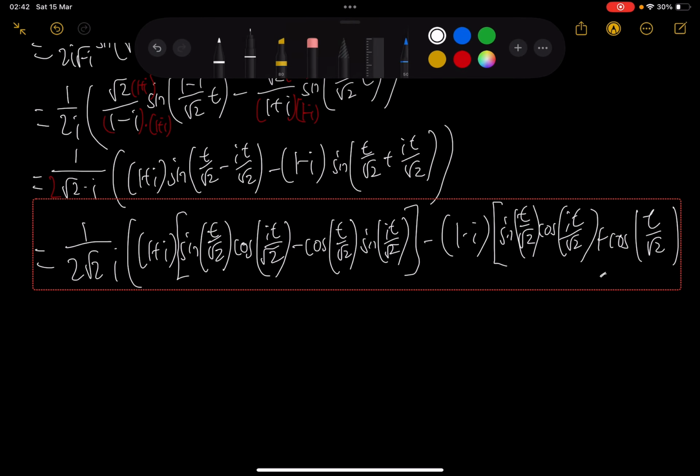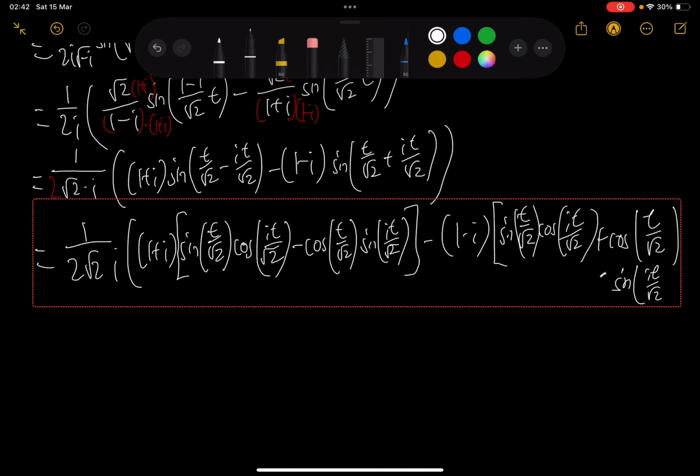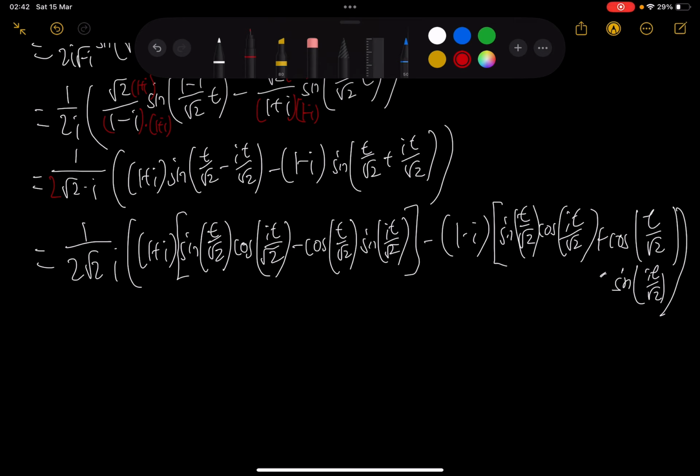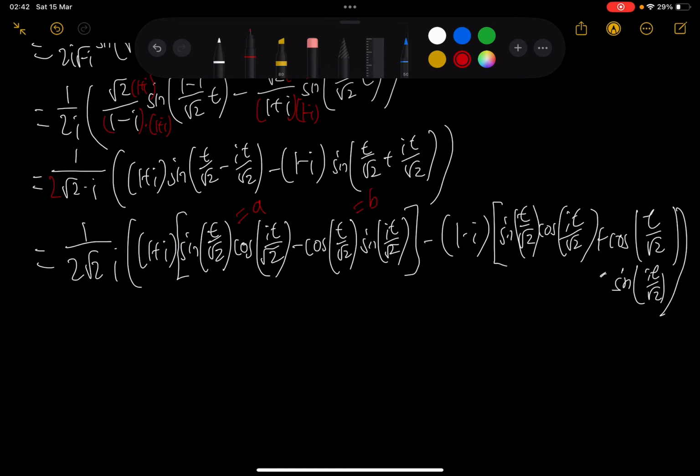Times sin of i t over square root of 2, like that. And then I'm going to call this thing, sin t over square root of 2 cosine i t over square root of 2, equal to a. And then cosine t over square root of 2 times sin i t over square root of 2, equal to b.